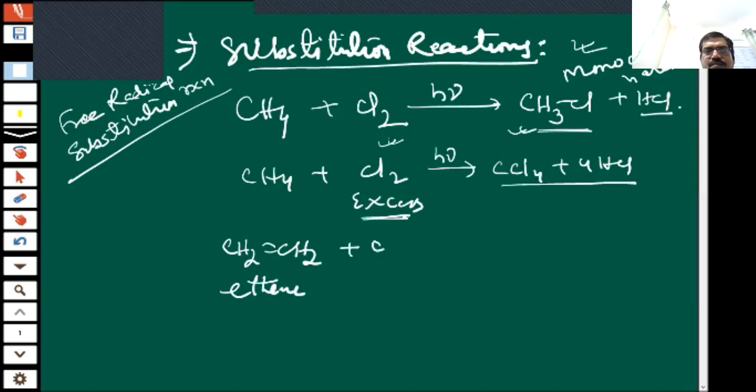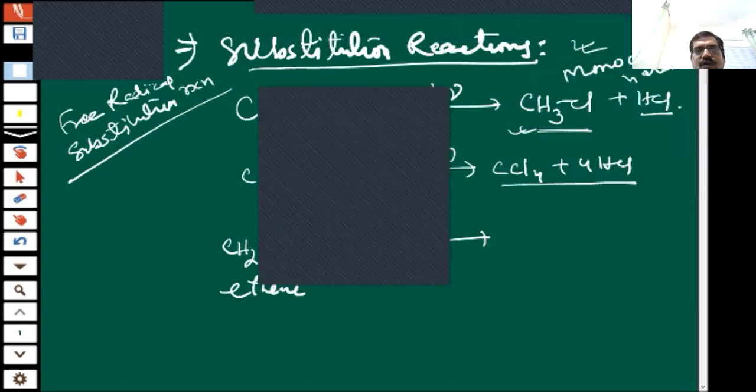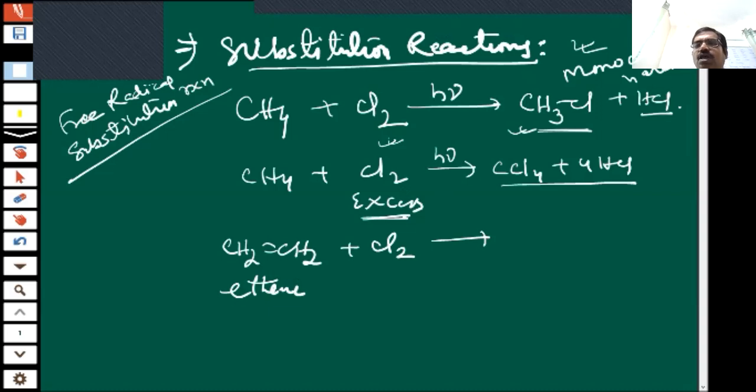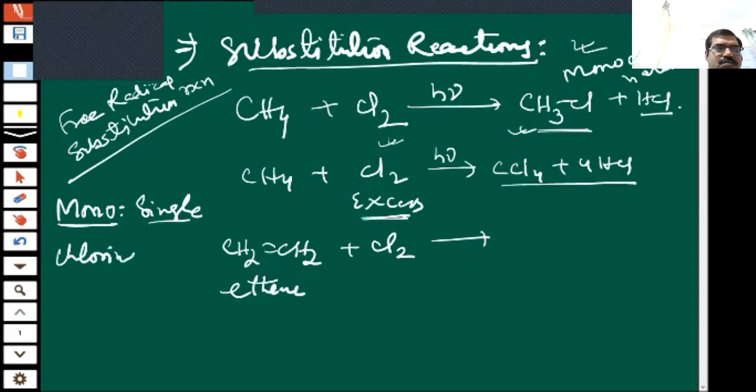Ethene, chlorine. What is monochlorination? Mono means single. Chlorination means addition of chlorine in some molecule.